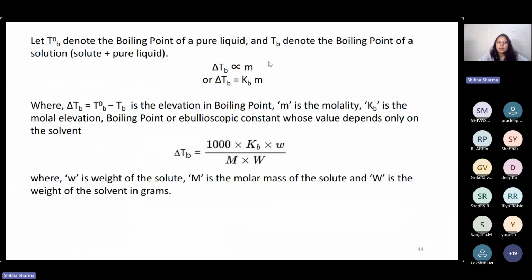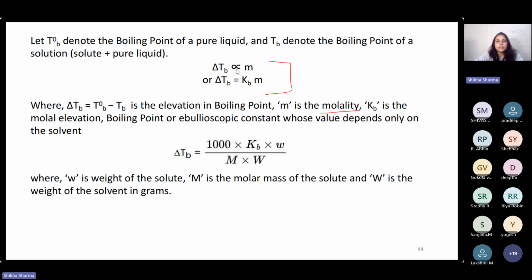So this boiling point elevation is proportional to m, which is how much we are adding; m is the molality of that particular solution.